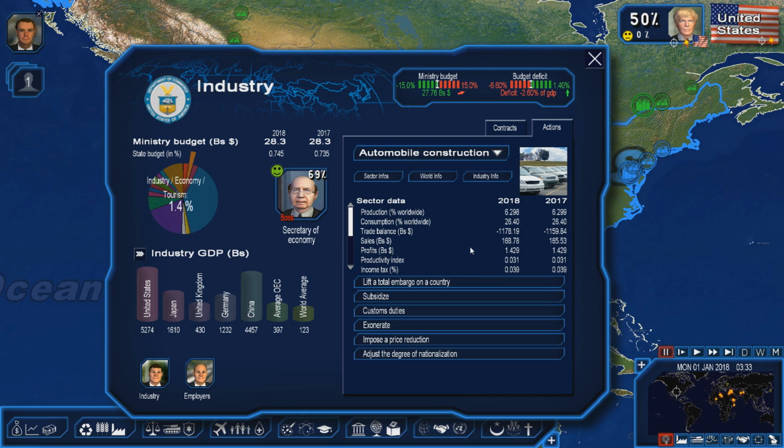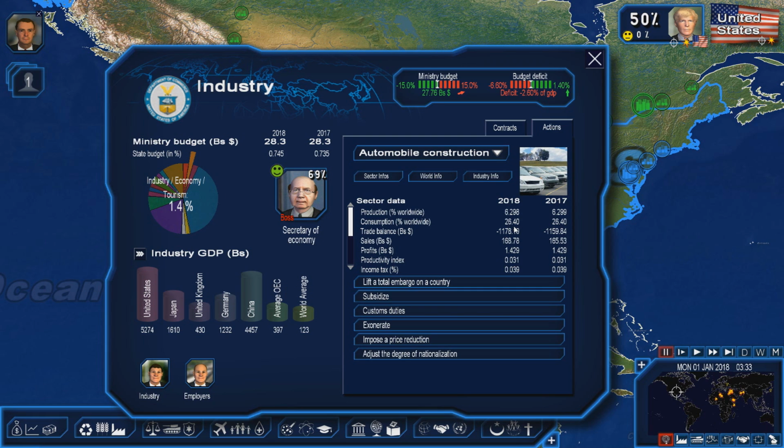So coming here, sales is production that is money in sales. So off of sales, we're making $168 billion in sales. However, profits is basically the total profits after the sale.